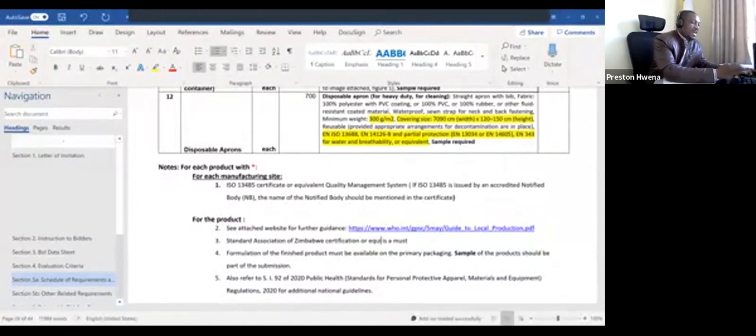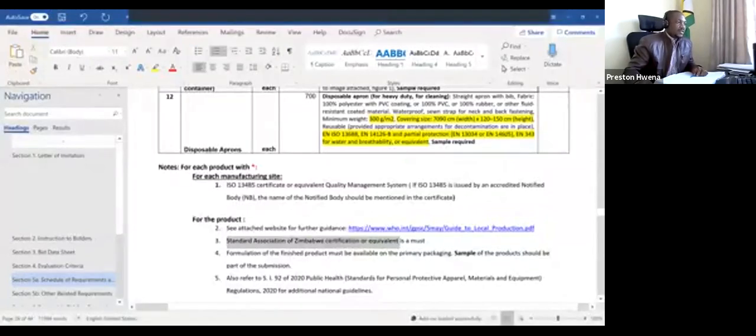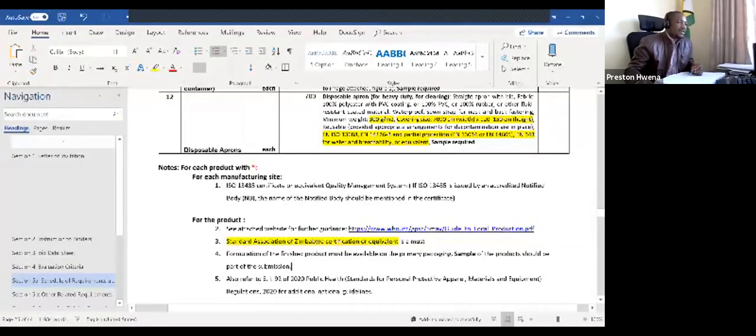Please note that we also consider the equivalent part of it. Then the formulation of the finished product must be available on the primary packaging. And your sample that you are going to provide should have that formulation for us to be able to determine suitability of your sample. The formulation of that product should be there on the label.